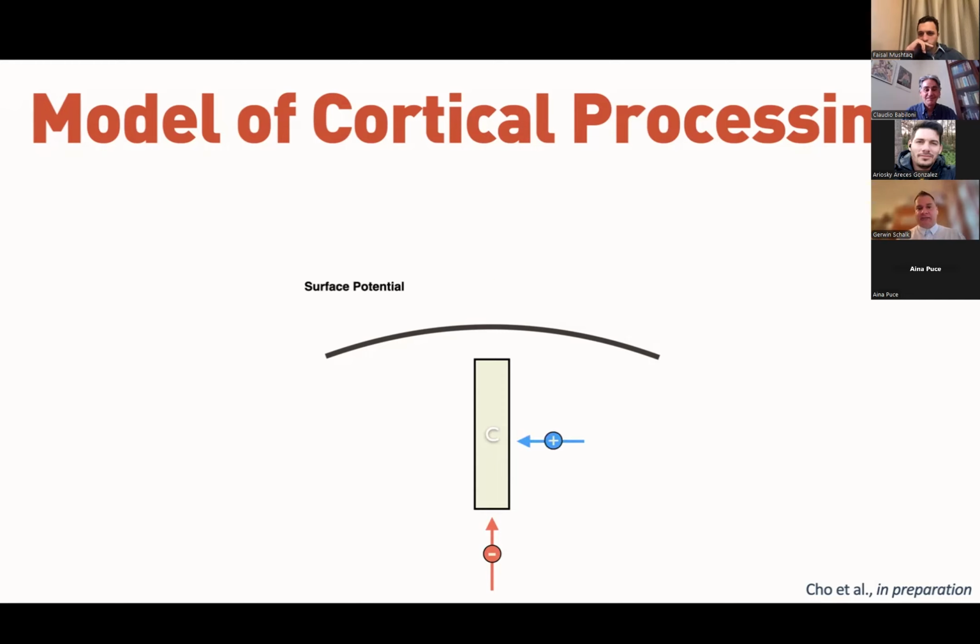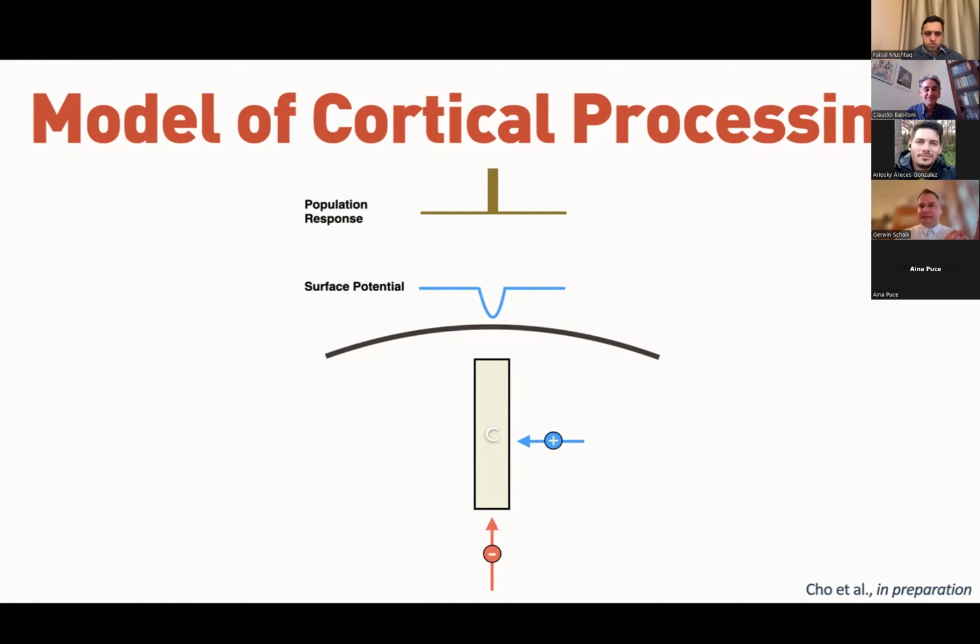At the same time, there's excitatory input, either from sensory stimuli or from other areas in the brain, that make the cortical voltage go down. And if the excitatory influence is higher than the inhibitory influence, the neurons in this patch of cortex will fire. So that's a very, very simple way of thinking about the cortex.